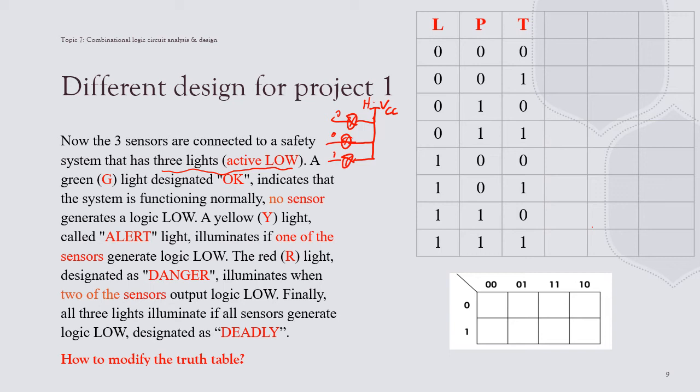And now their operation is also changed. A green light designated OK indicates the system is functioning normally. Normally now becomes no sensor generates a logic low. This is different than before, right?